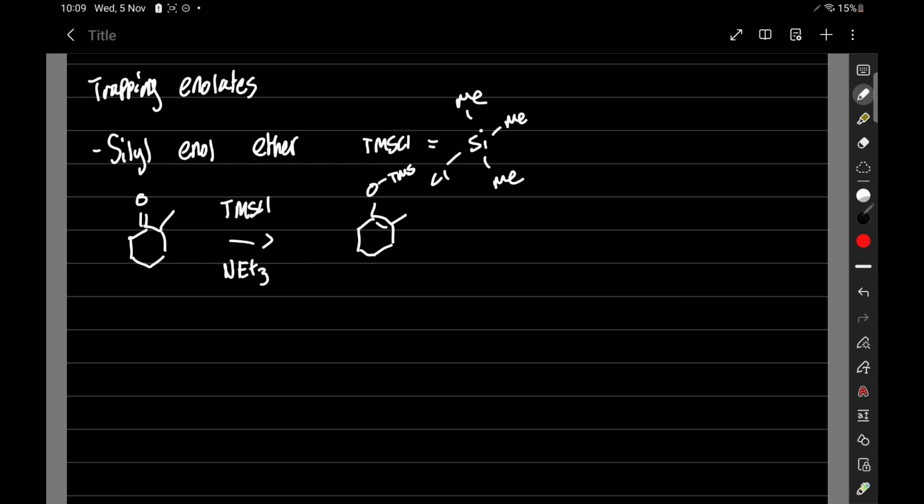And when I'm ready to react to my substrate, what I do is I treat this with methyl lithium. Let's rewrite it again.